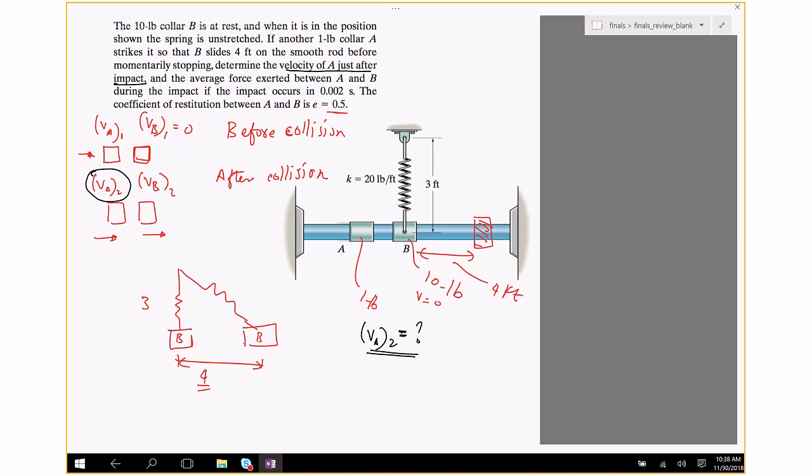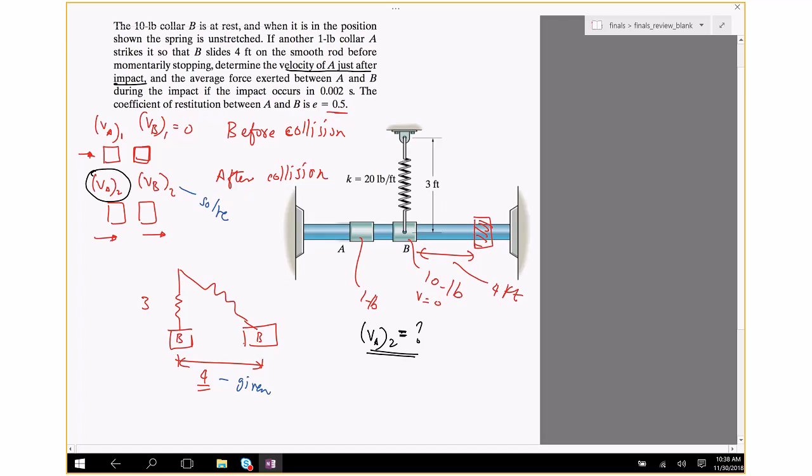Now you're given where it comes to stop, and you basically have to backtrack. Given the information that it moves 4 feet, can you solve for VB2? I'll try to solve for VB2 first.